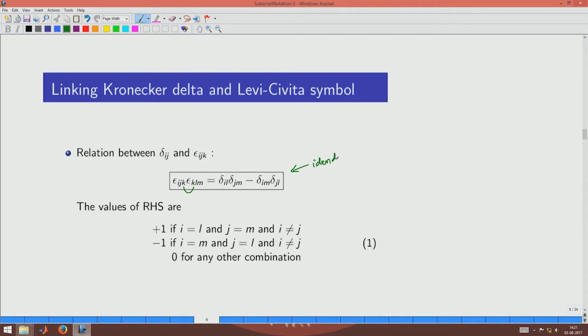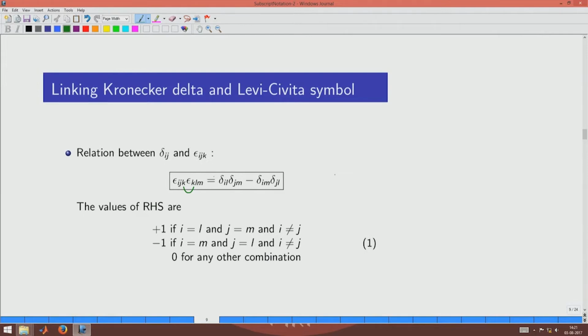By identity I mean it is applicable always. How to verify? For each combination of I, j and L, m you could verify, and that is going to be quite tedious because you have got 81 combinations. Nevertheless, you could pick a few of them and verify whether it is true.